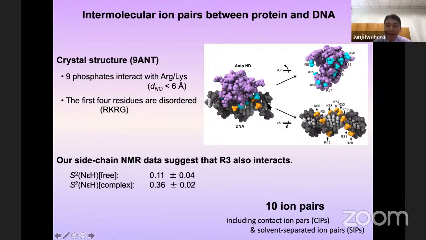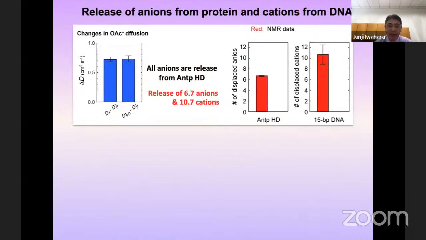So we did an experimental estimation of the release of anions from protein. And it turned out that all anions, all 6.7 anions accumulated around Antennapedia, are released upon protein DNA complex formation.